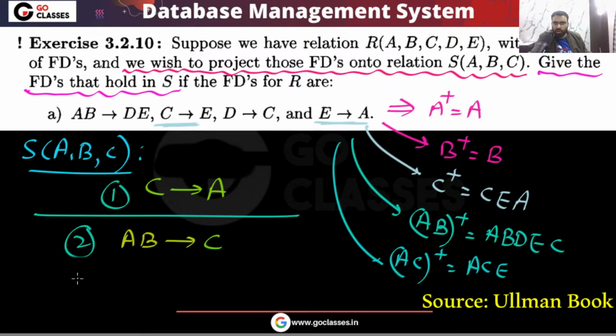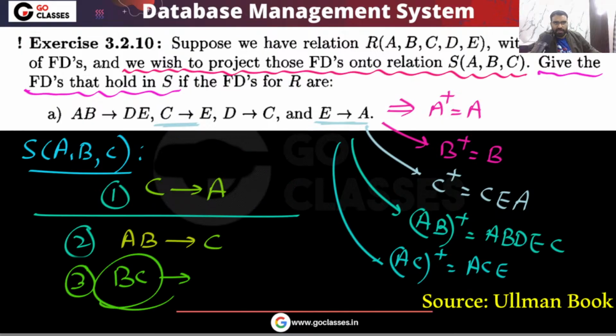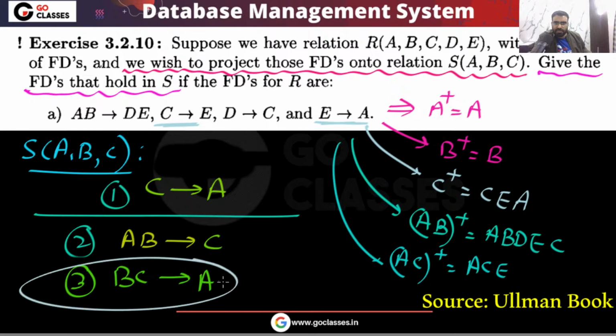Okay, what about BC? If the LHS is BC, then since C can determine A, definitely BC can determine A. But you can notice C can determine A already, so this functional dependency is redundant.